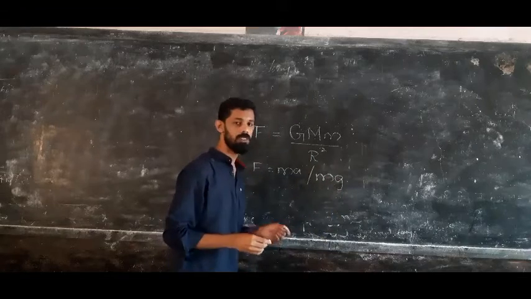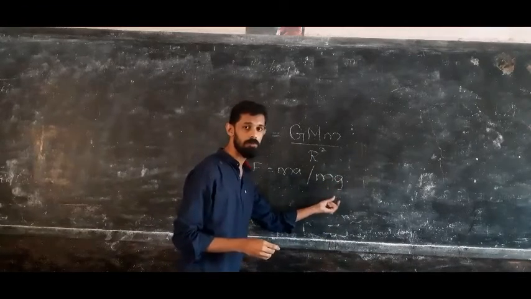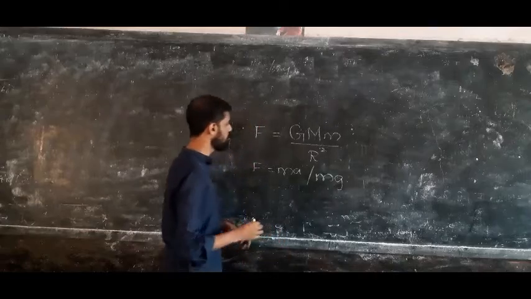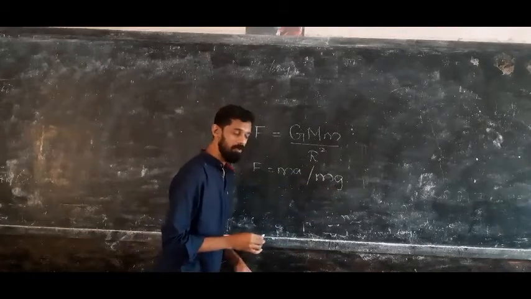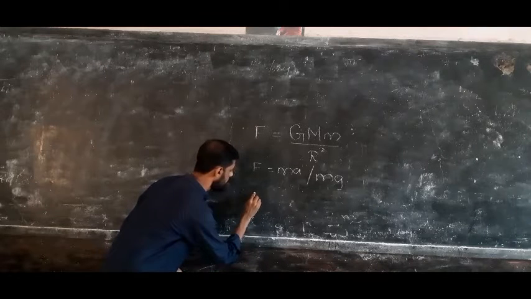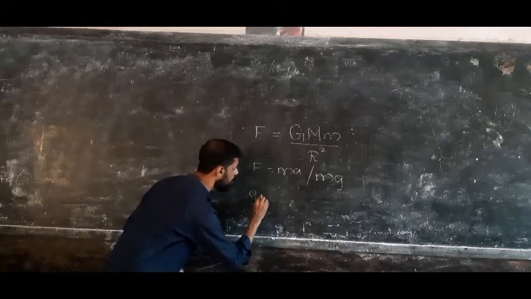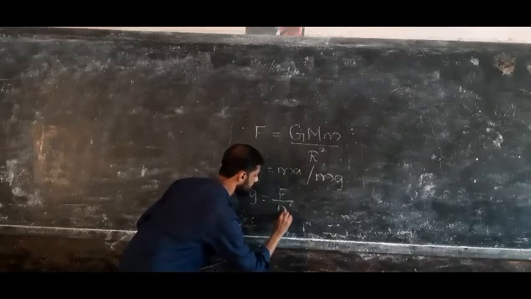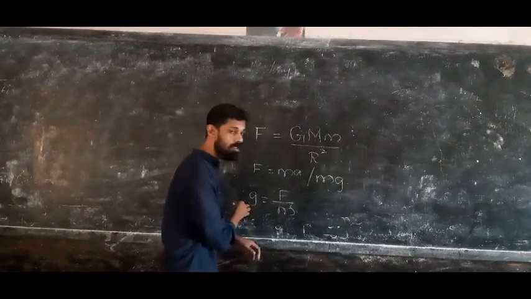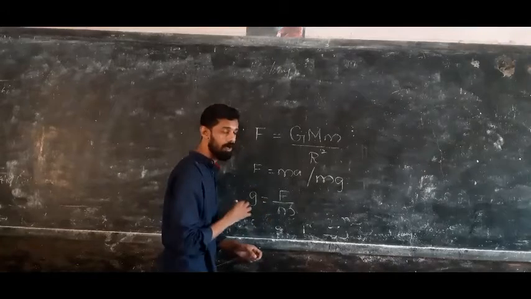Acceleration due to gravity is denoted by the small letter g. So what we are going to derive? g equal to F divided by m.